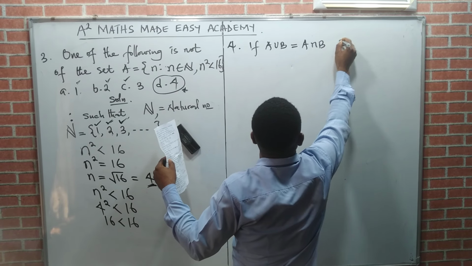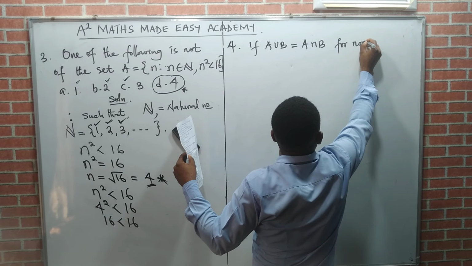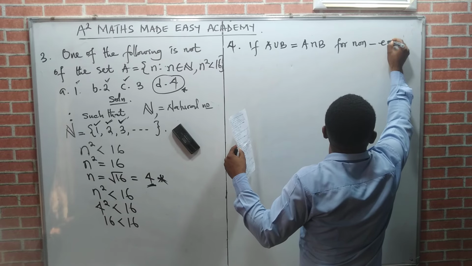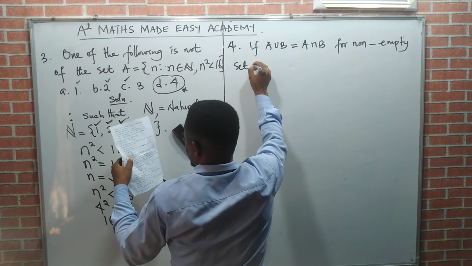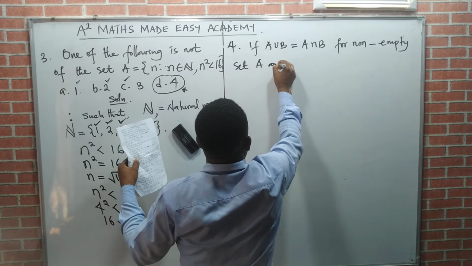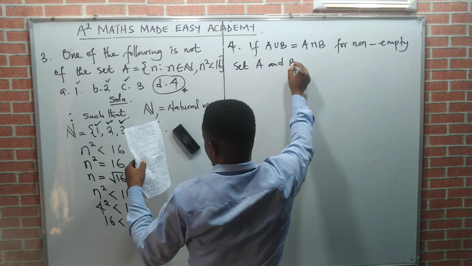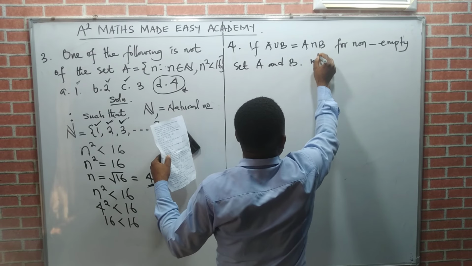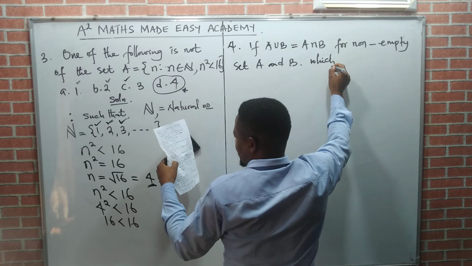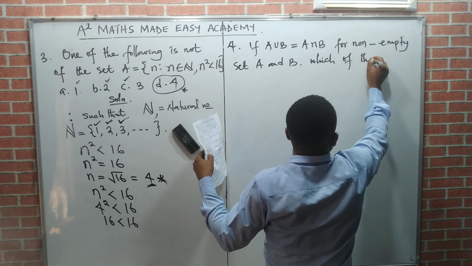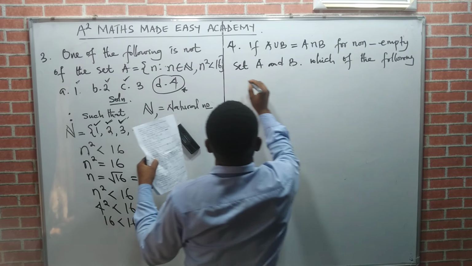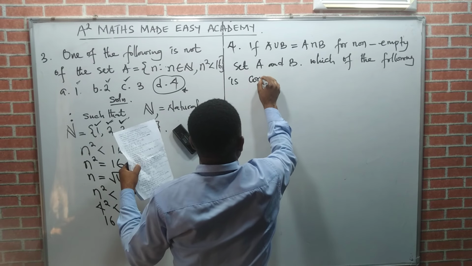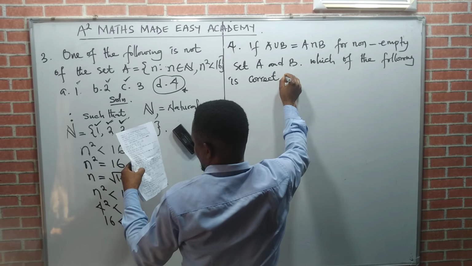Now, if A union B is equal to A intersection B, they said for non-empty sets A and B. Hope you're following. Now, the question is, which of the following is correct?